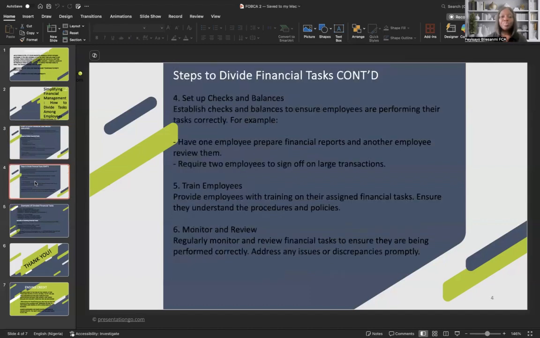Let's move on. Number four, you need to set up checks and balances. Establish checks and balances to ensure employees are performing their tasks correctly, right? For example, have one employee prepare financial reports and another employee review them. Require two employees to sign off on large transactions.